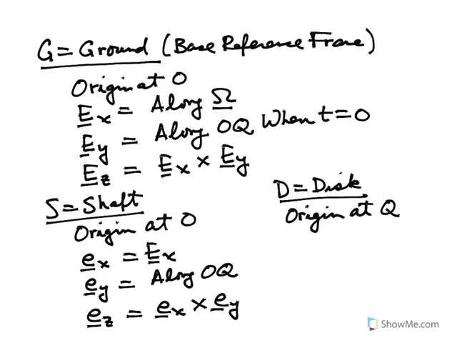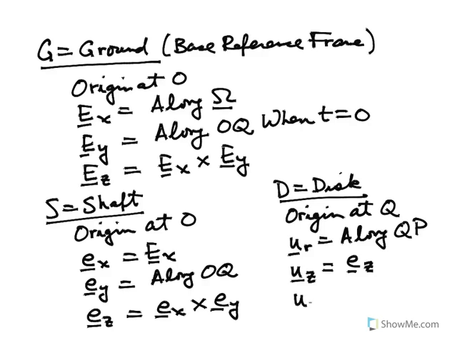And I'm going to put U sub R along QP. UZ is going to equal EZ, and then U sub theta is going to equal UZ crossed with U sub R.